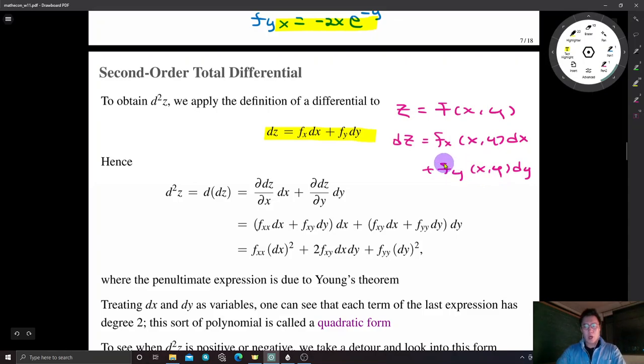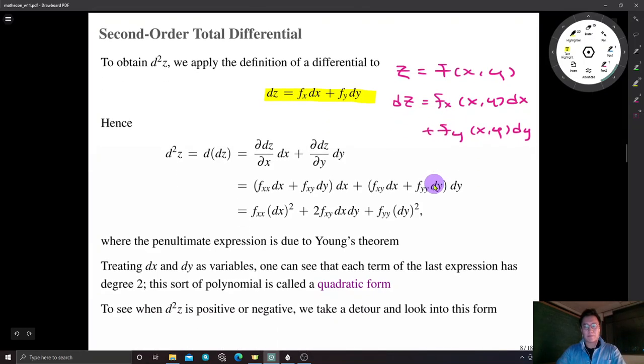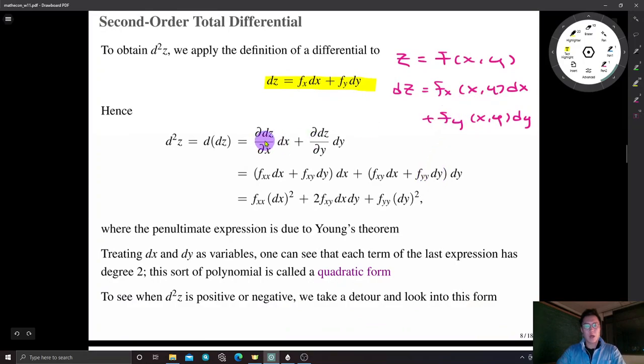So we take the differential one more time. Following the definition, if we take the differential one more time, then that is going to be the partial derivative of dz with respect to x times dx. So for a general function g, say we have a function g of x and y, its total differential is g sub x dx plus g sub y dy.